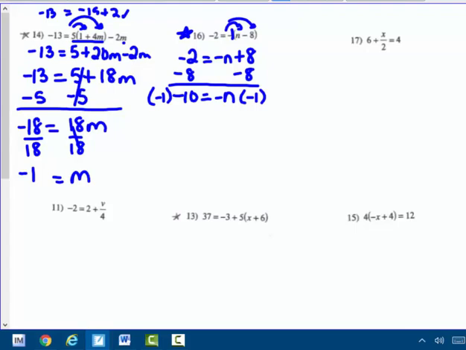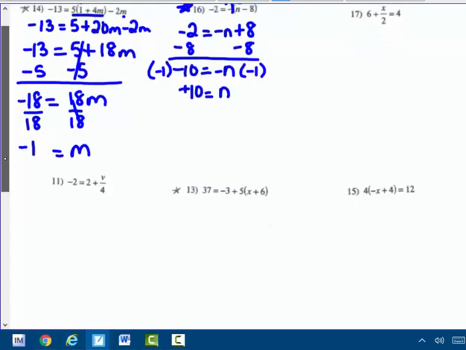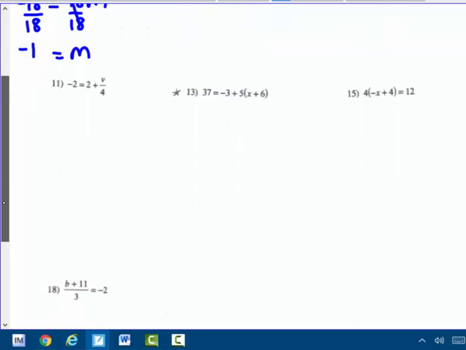Got to do the balance idea, right? And I will get negative n times negative 1 is positive n equals positive 10. Putting that back in, 10 minus 8, that's 2. The opposite of 2 is negative 2. Yippee, right answer.